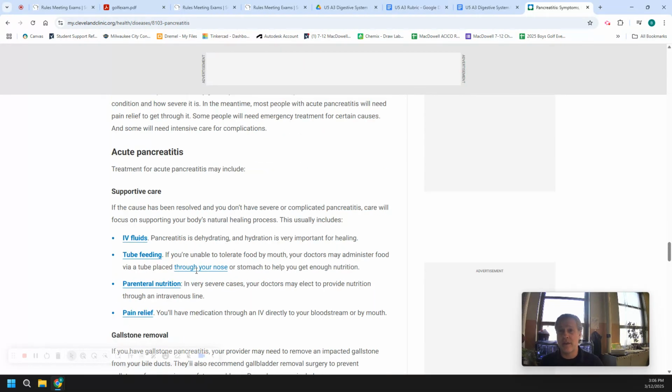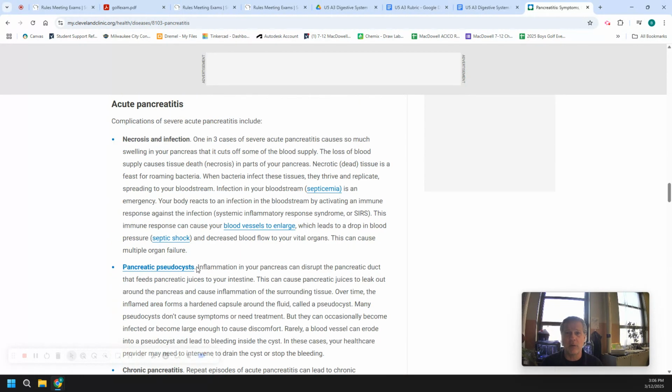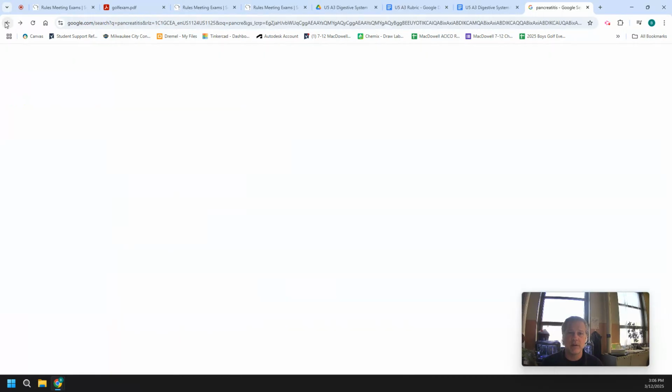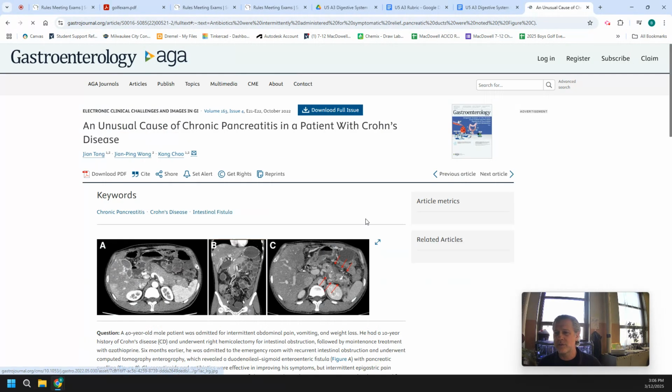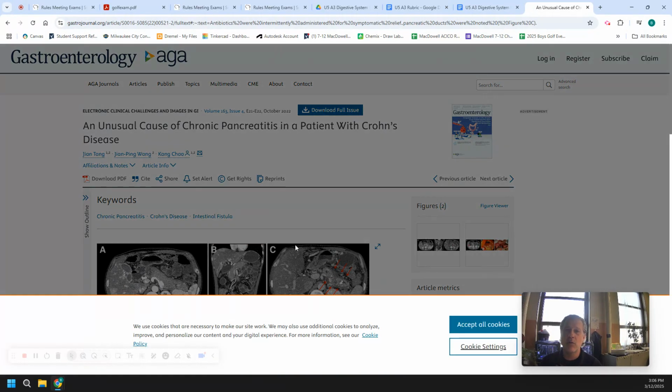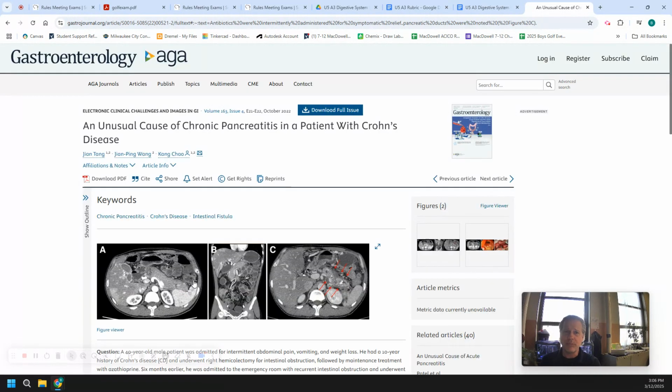The Cleveland Clinic is a really solid website to help you. But if you go and click on some of these things, like this one here, the unusual cause for chronic pancreatitis in patients with Crohn's disease, I'm going to tell you what, this is coming from an actual journal of gastroenterologists.